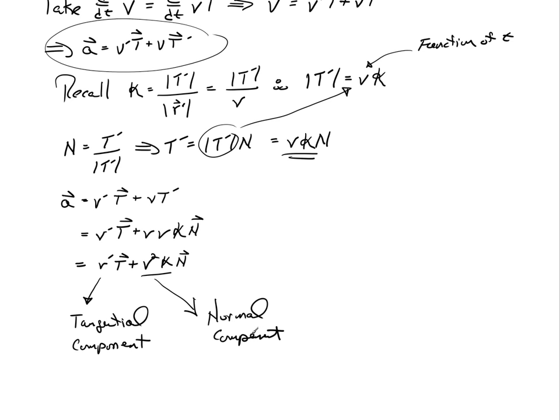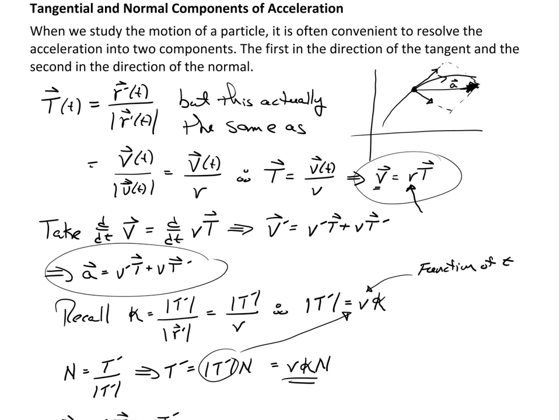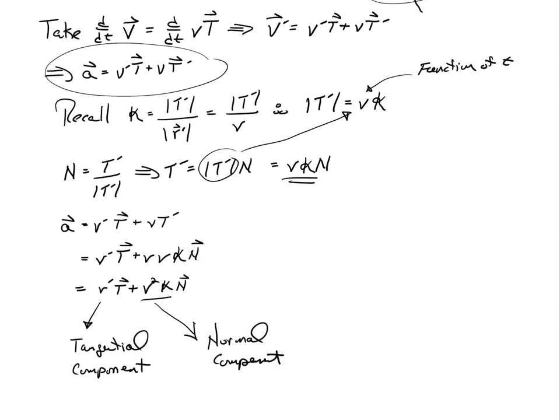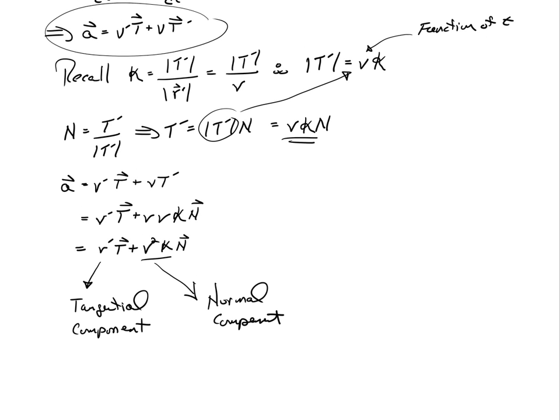That is extremely important because now if I go back up to this diagram I did earlier, I know what this component is. Here's a tangential component, and this is the normal component. So I can resolve acceleration into those two components.